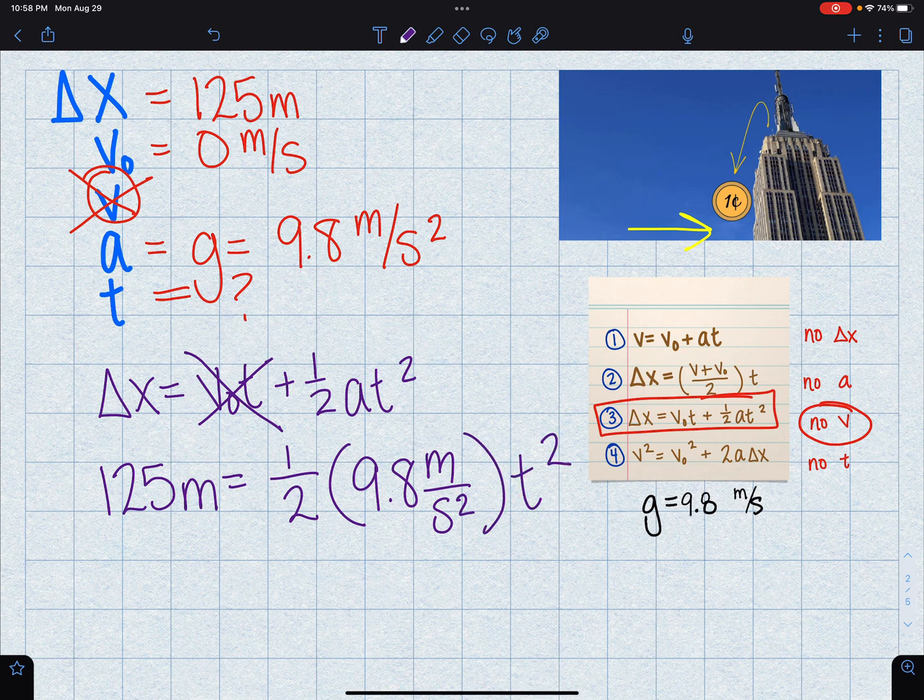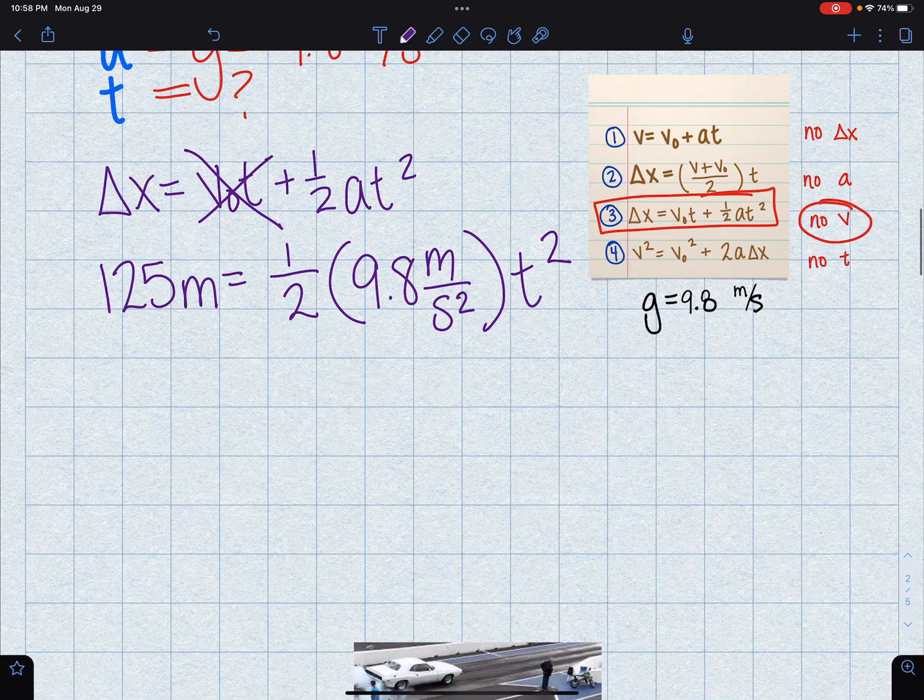Alrighty, now we need to solve for t. So let's start simplifying this. The first thing we can simplify is what's 1/2 of that. So let's leave this the same. 125 meters is equal to 1/2 of, and what they did when they did this problem, because they wanted to know approximately what the time is, they rounded this to 10.